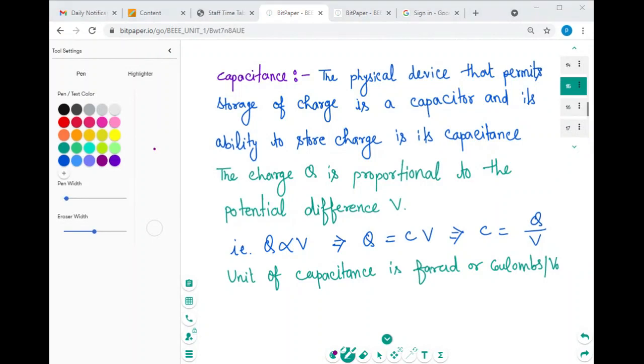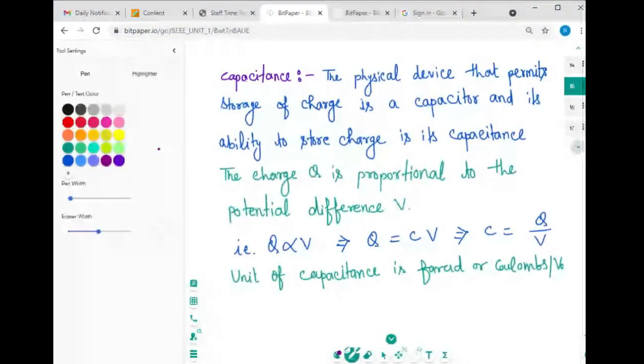These are the definitions of basic components like capacitor, resistance, inductors, and how we will derive different expressions and formulas from these basic components.